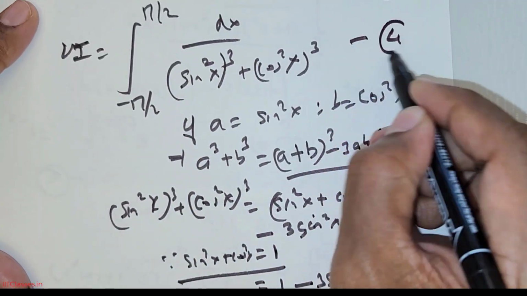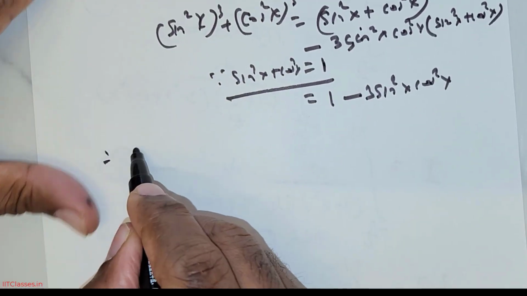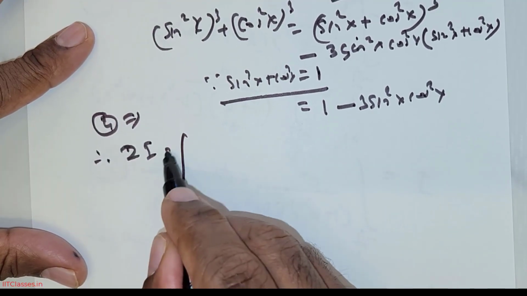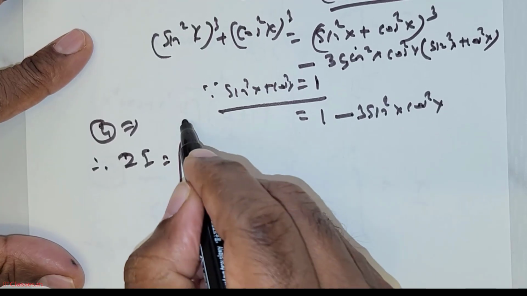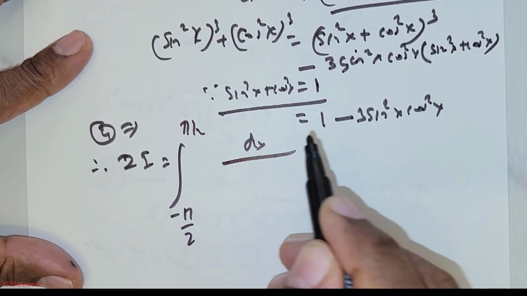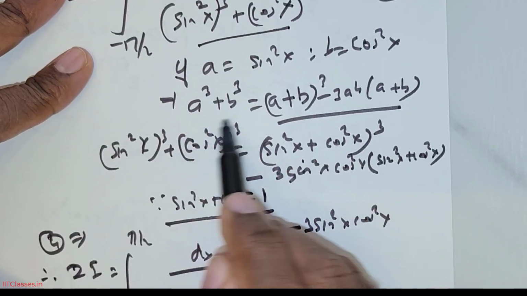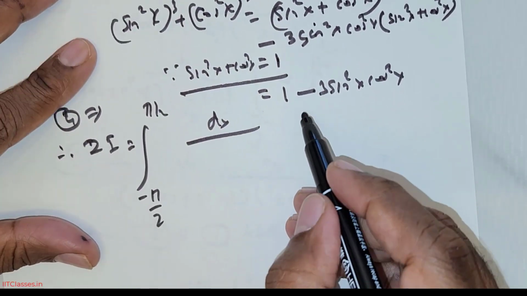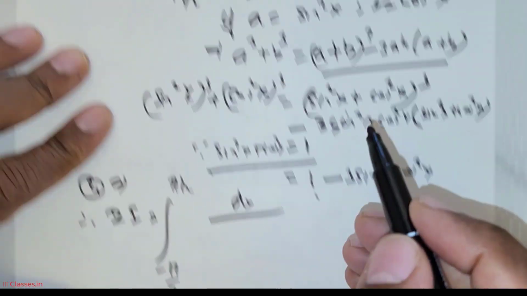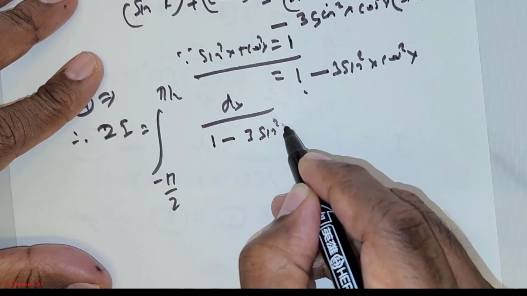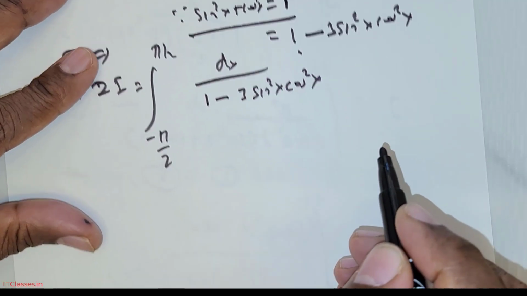So if I were to take this as 4, then 4 is now rewritten as the integral from negative pi over 2 to pi over 2 of dx divided by, I already showed you how to simplify this in this fashion. So what we have to do is replace the denominator with this quantity, 1 minus 3 times sine squared x times cos squared x.